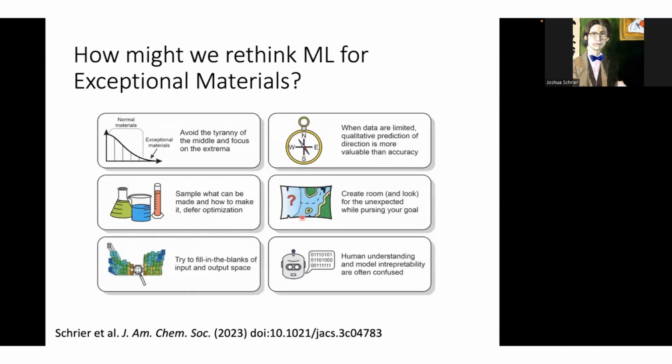So yeah, there are some bottlenecks. What we tried to do was think about 6 different research agendas, or research directions, that maybe need more investigation.